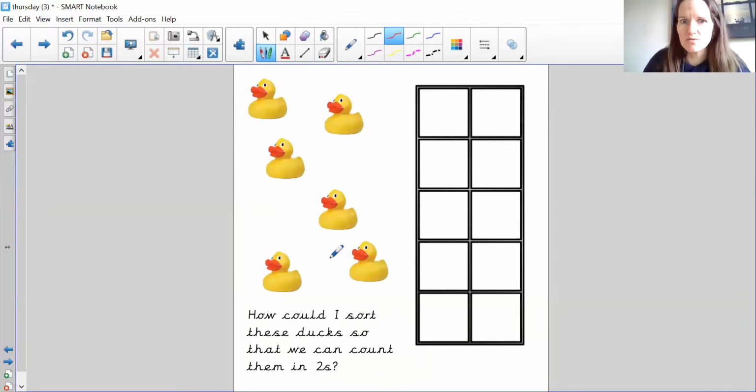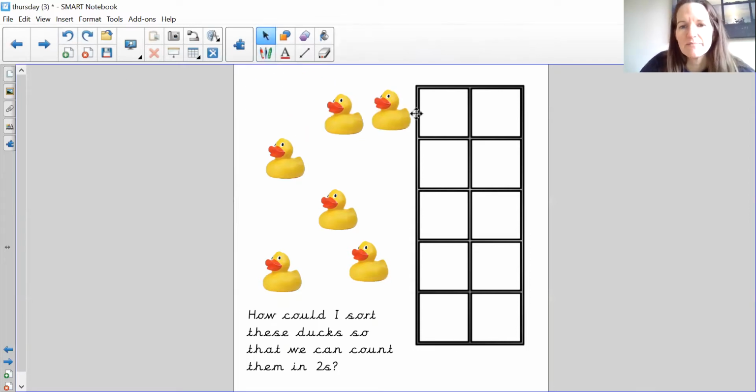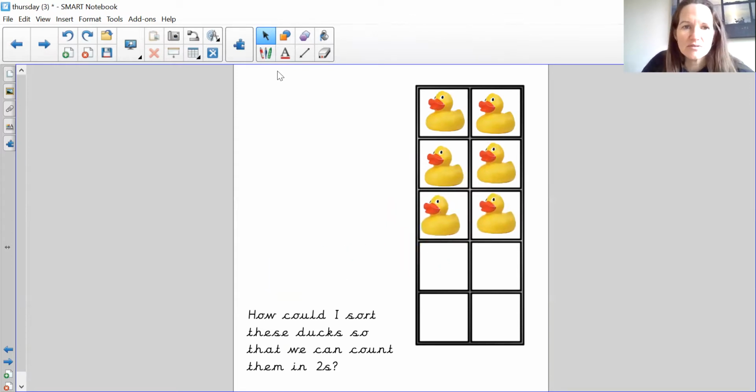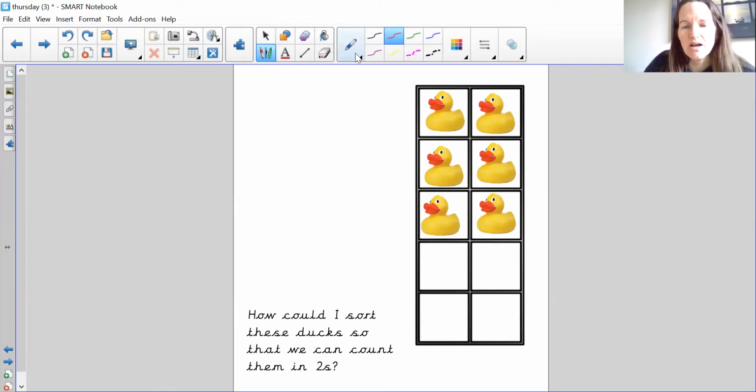So I have got these rubber ducks and I need to count them by 2s. Instead of having to group them because they're all mixed up together, I am going to move them into my tens frame, into 2s. So now they're easier to count. I'm going to count them by 2s.